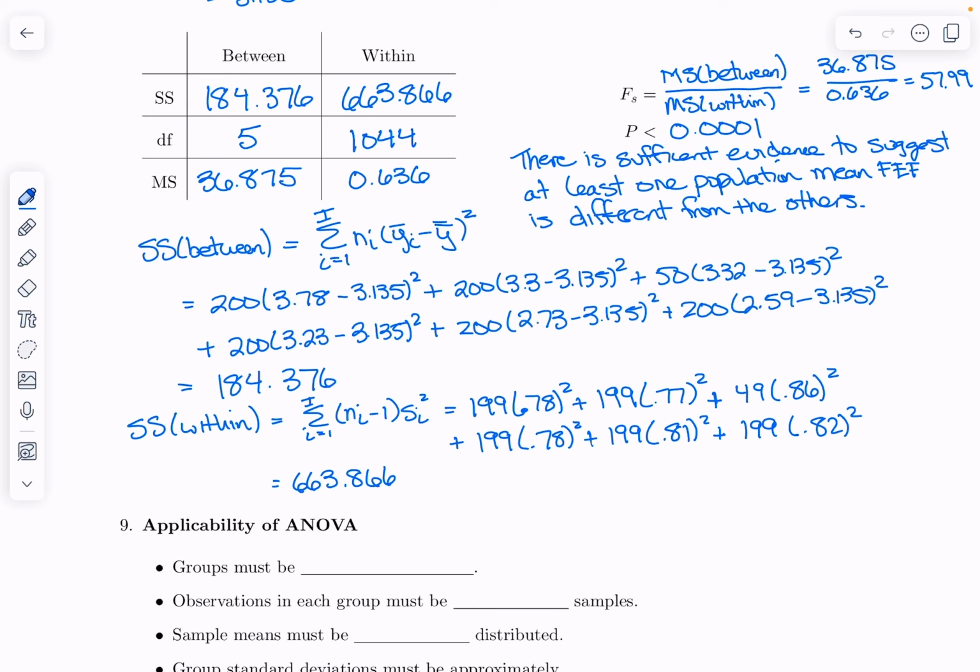I don't know which groups are different from the others. And so I encourage you to watch the next video on what are called post hoc tests, because that is the way in which we can resolve this unsatisfactory conclusion in which I know one of the population means is different from the others, but I don't necessarily know which ones.